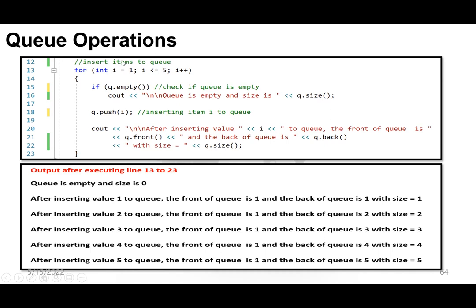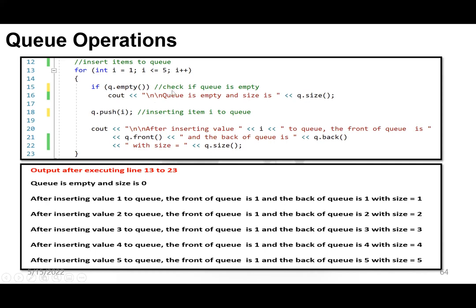Then the second time, i becomes 2 and I push value 2 to the queue. After that, it prints that after I insert value 2, the front of the queue is still 1, but the back of your queue becomes 2 now. From here you can see that the new item you push to the queue is put at the end of your queue, because when you print the back of the queue, you get 2. The size of your queue is 2.